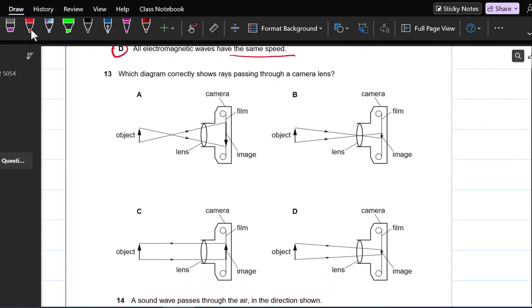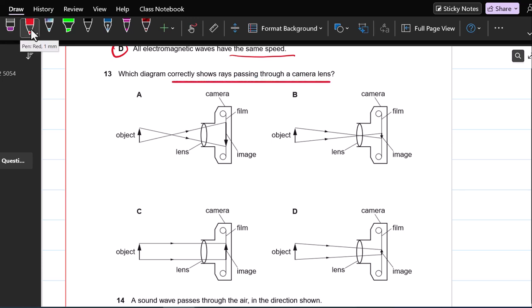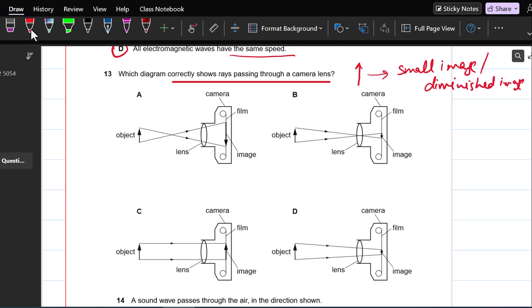Question 13. Which diagram correctly shows rays passing through a camera lens? In a camera, the lens used gives you a small, diminished image. One thing, the image will be real. One more thing, characteristics of the images you must remember.